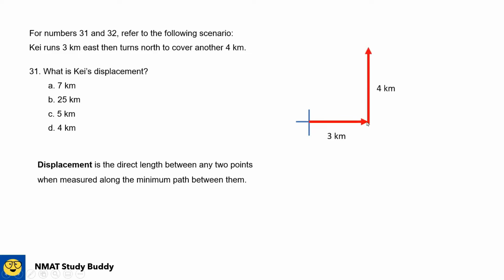And then, after that, tumakbo naman siya 4 kilometers north. So yung displacement is the length of the path between the starting point and the ending point, which is itong violet arrow.